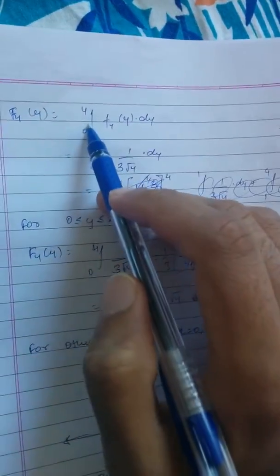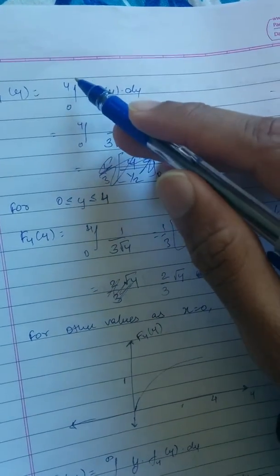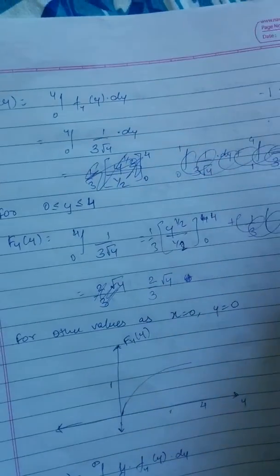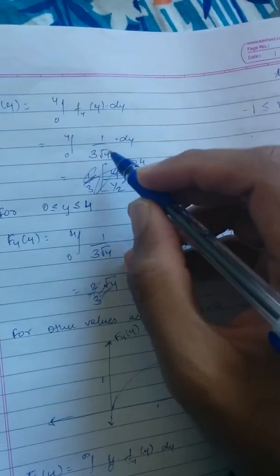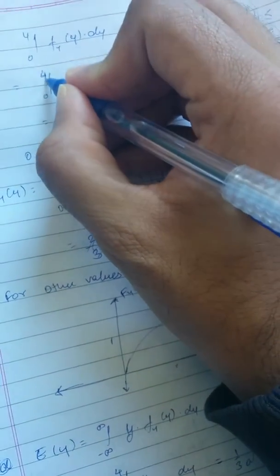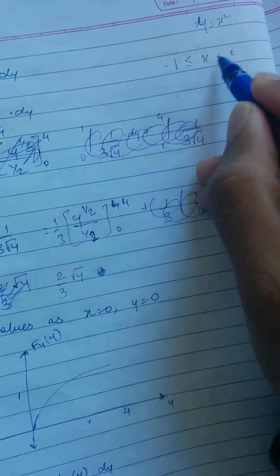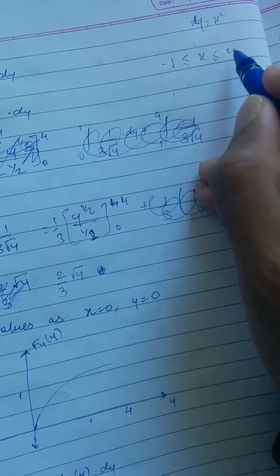Now F_Y of y is given by the integration of the density function of y from 0 to y. In this case, it is 0 to 4, as the value of x is between -1 and 2.